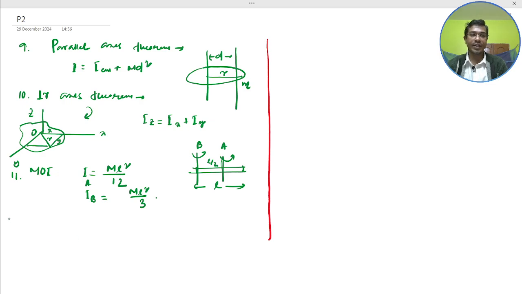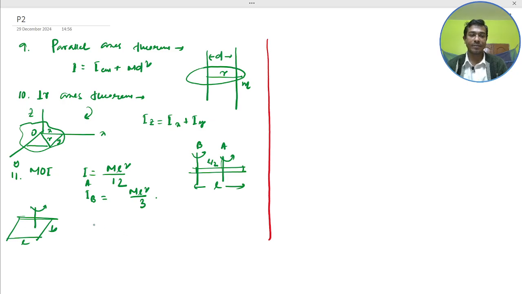Next one, the rectangular plate. This type of shape, and this is the L and the B. You have to find the moment of inertia about an axis perpendicular to the plane of the plate and passing through the center of mass.